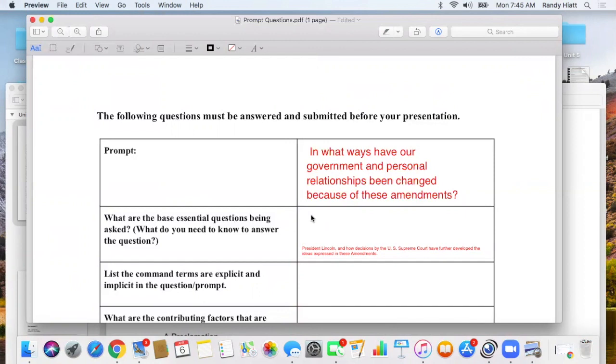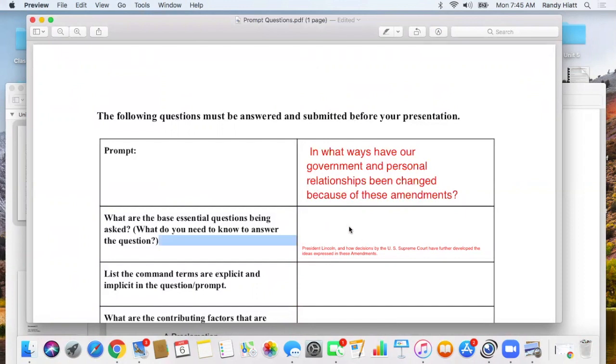So base essential questions we want to look at. What are the 13th, 14th, and 15th Amendments?